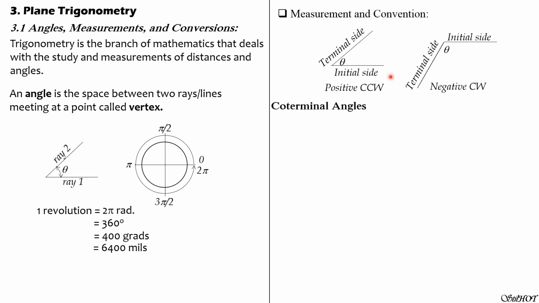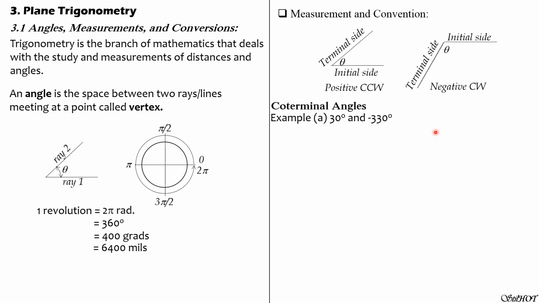Coterminal angles are angles that terminate in the same side. Examples of coterminal angles are 30 degrees and negative 330 degrees. So 30 degrees here, if measured in clockwise direction, that's negative 330 degrees. 30 degrees and 390 degrees, negative 330 degrees, negative 690 degrees, and so on and so forth.